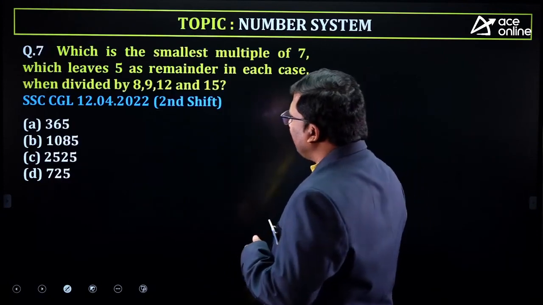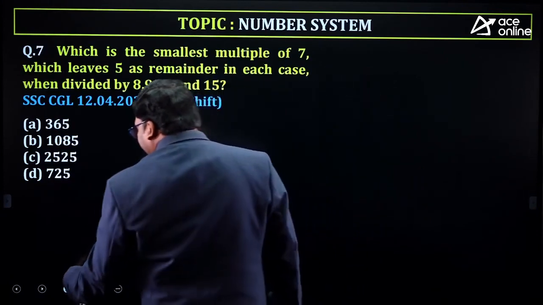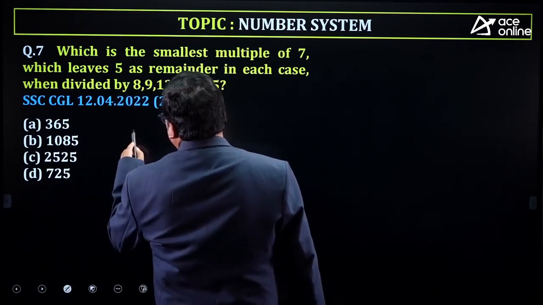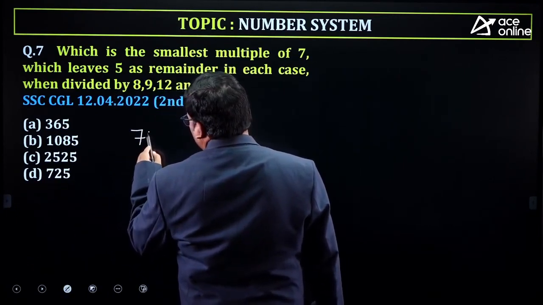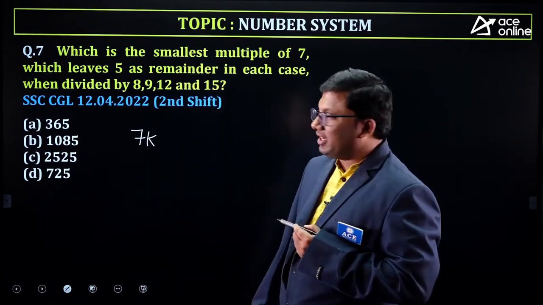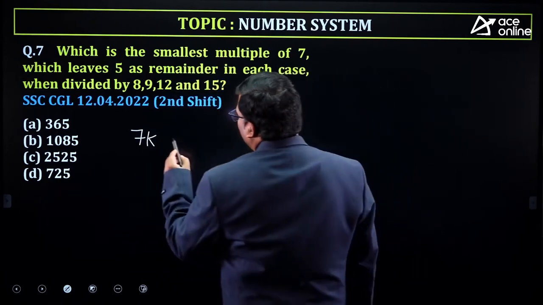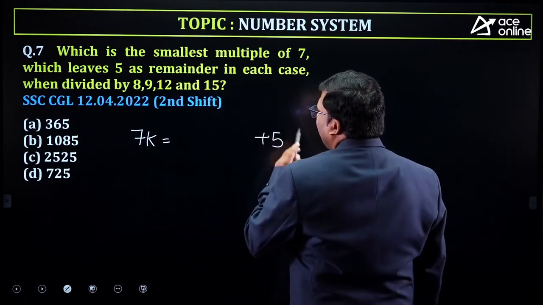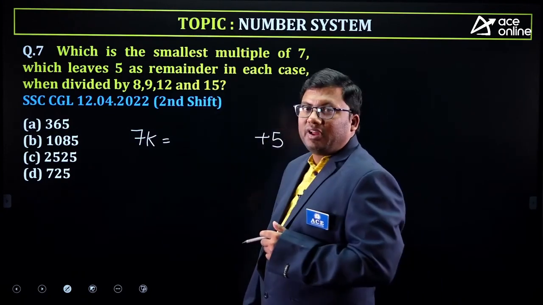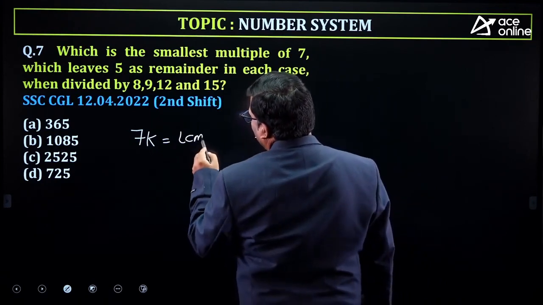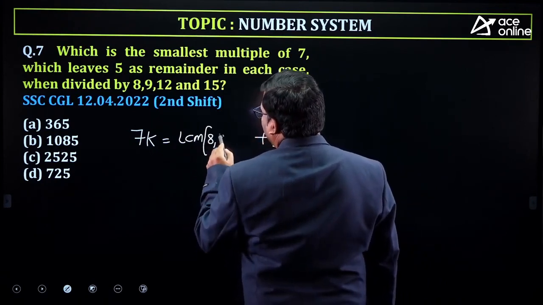Question 6, I hope it is clear. Question 7: what is the smallest multiple of 7? The answer should be a multiple of 7, and any multiple of 7 is of the form 7k. The same number leaves a remainder of 5 when it is divided by 8, 9, 12, 15.